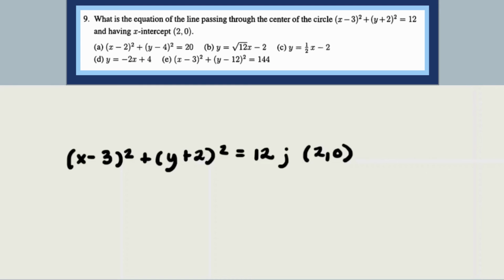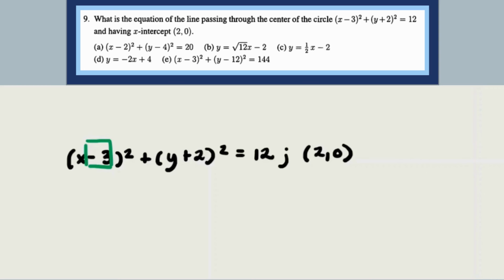Now, when you see this, you're like, we have an equation of a circle, we're probably going to have to do something with the circle. No. The only thing we need to do from this equation of the circle is dissect what the center is. So if you look, we have x minus 3 squared and y plus 2 inside. We know our center is going to come from these points.